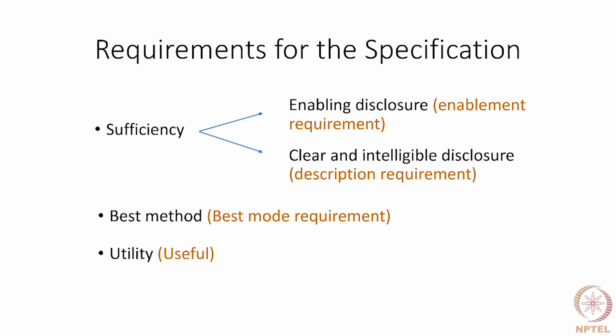Now, on utility, it is not something that really affects most applications, because in your application, you will state the objectives of your invention, for what the invention is to be put to use. So the usefulness of the invention normally comes in because the invention always, as we have already discussed, targets a problem that has not been solved. Because you have defined your invention as a solution to an existing problem, it's very hard for us to miss out on the utility requirement.